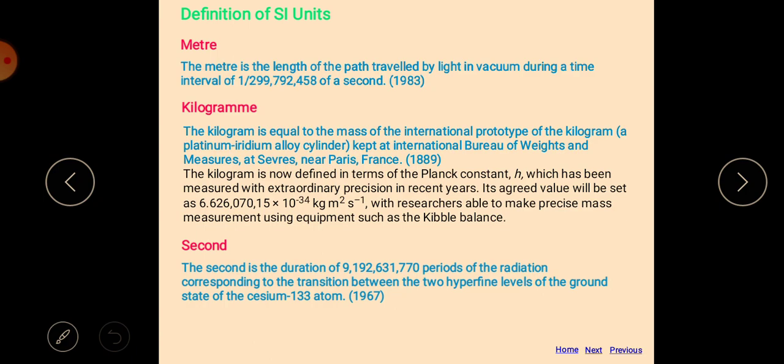And that is the number of transitions. If the number of transitions in the cesium-133 atom happens to be this value, then the interval of time is 1 second. You have to just remember it.